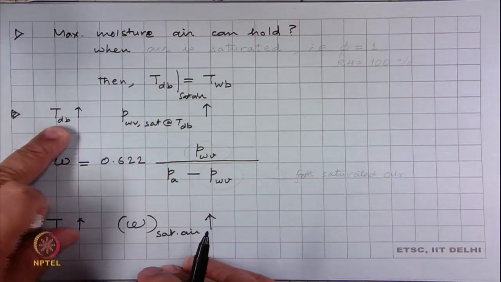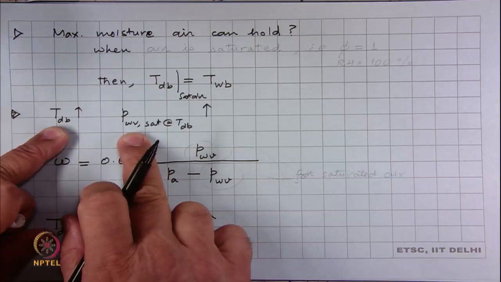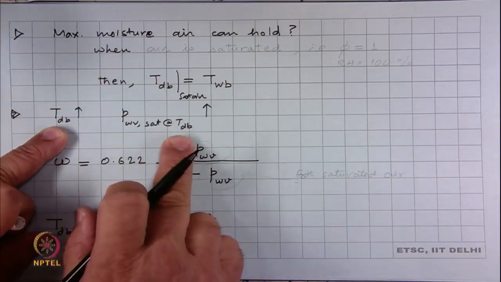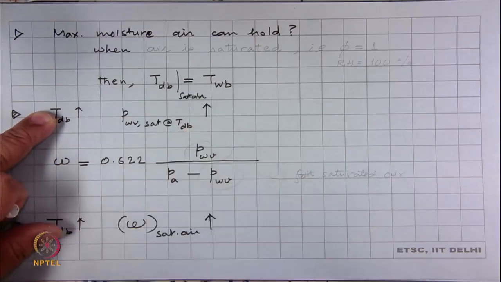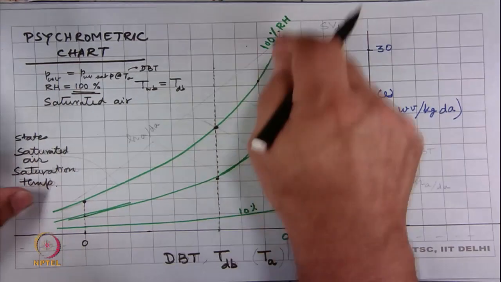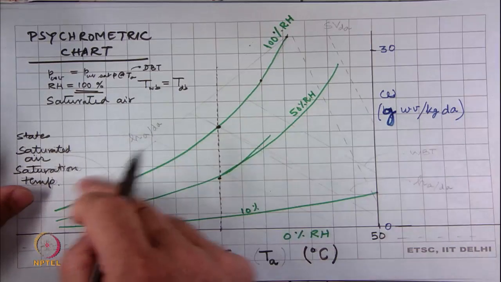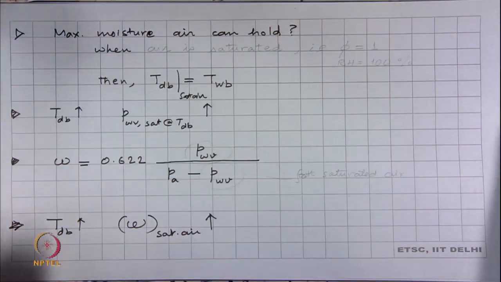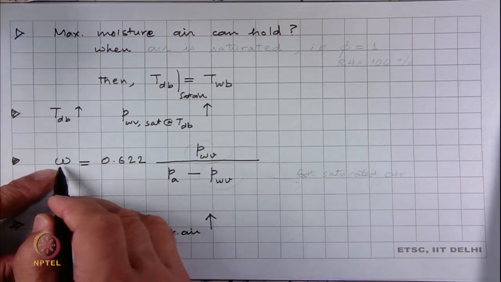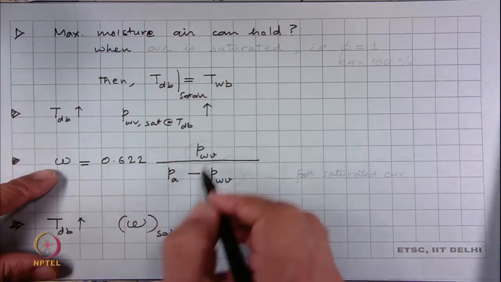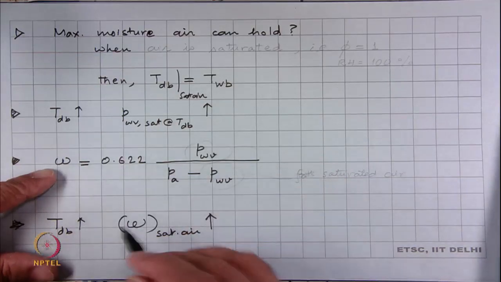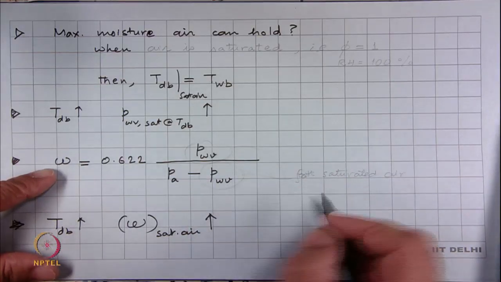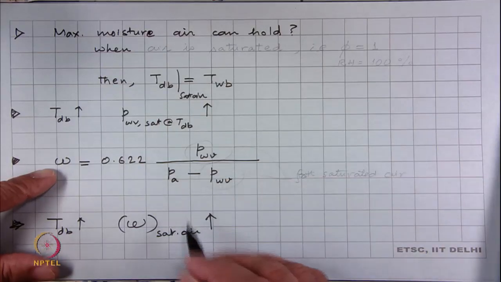As the dry bulb temperature increases, the saturation pressure of water vapor at that temperature also keeps on increasing, which is the reason why this graph is going up and does not go down or become flat. And then we calculated omega based on this 0.622 into this relation, where it was a partial pressure of water vapor, and at 100% relative humidity state, whatever was there, we could get that.